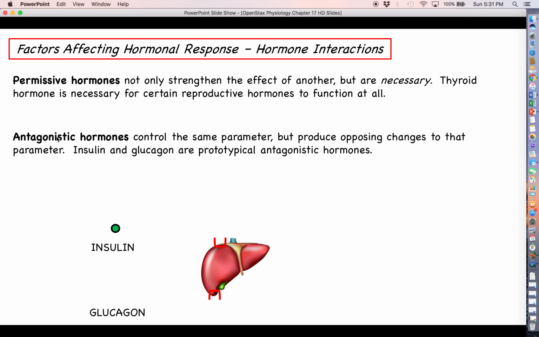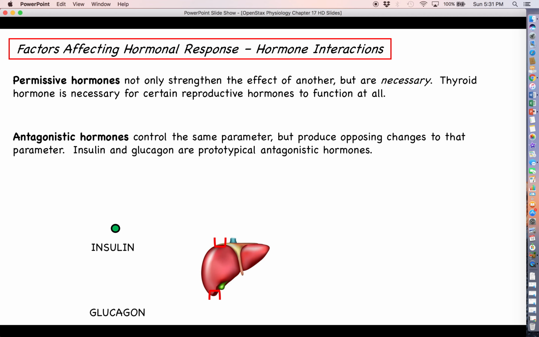The best example of this is insulin and glucagon, which we're going to illustrate at the bottom of the slide here. So antagonistic hormones, similar to synergistic hormones, are both going to have control over the same parameter. In the case of insulin and glucagon, that parameter is blood glucose.